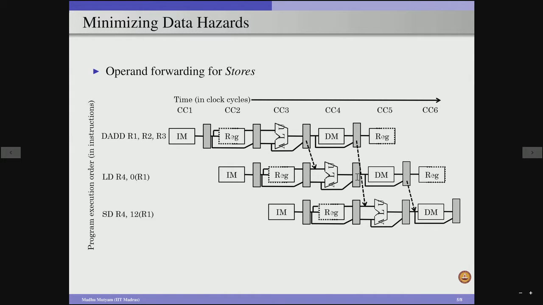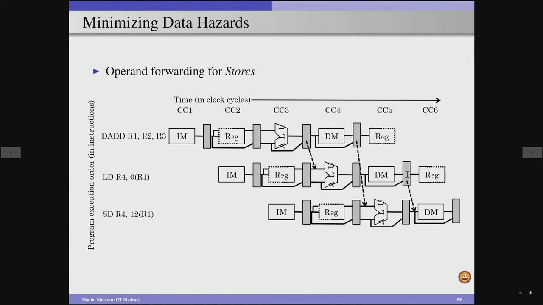By the end of the fourth cycle, our effective address is calculated. Now we have to go to the cache memory, and then we read the value located at the address specified by this effective address. So that will happen at the end of the fifth cycle for the load instruction.